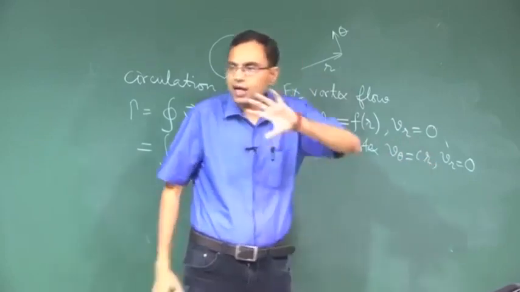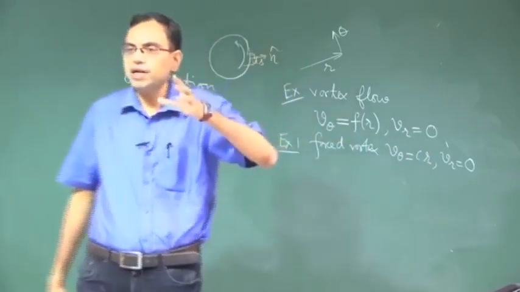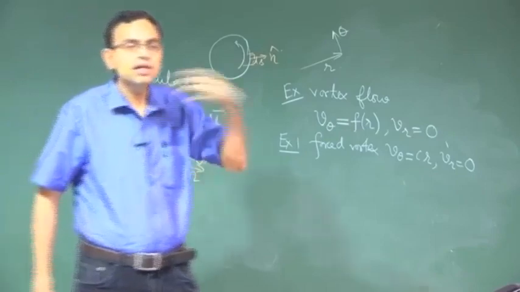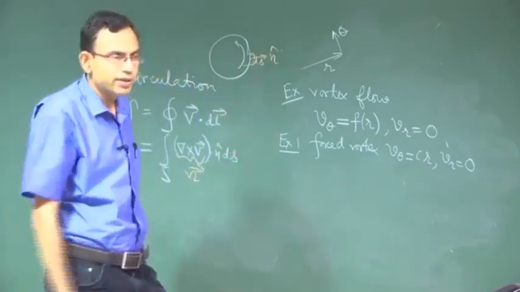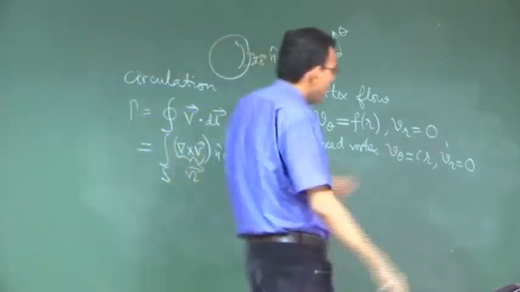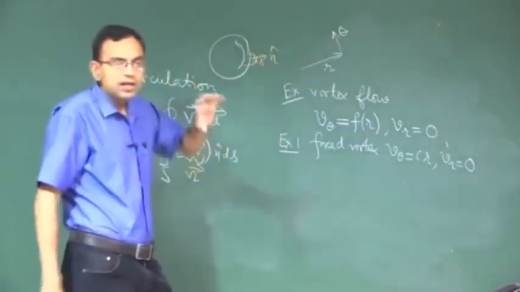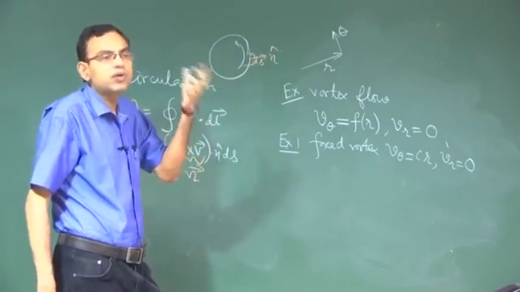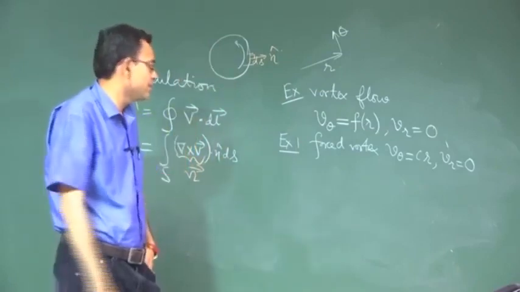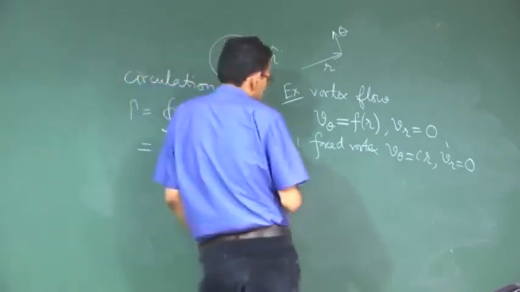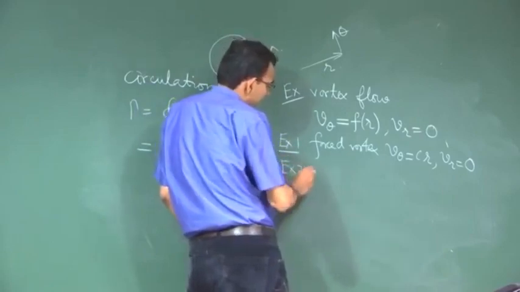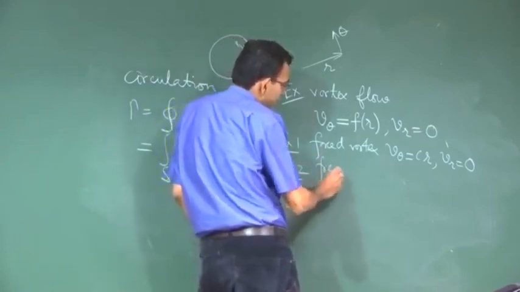It is like the rigid body type of motion that you see in traditional mechanics of rigid bodies, V equal to omega r and Vr equal to 0. So this is like a rigid body rotation of the fluid. We will consider a second example which is called free vortex.